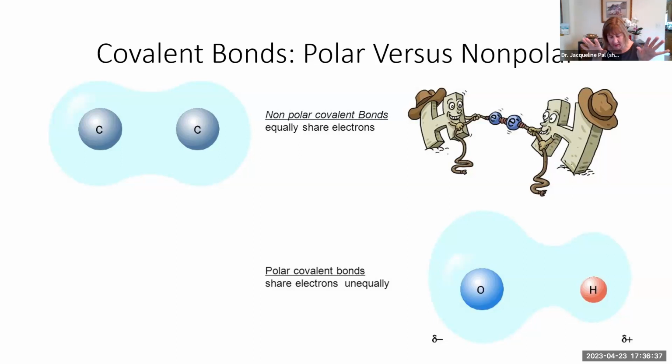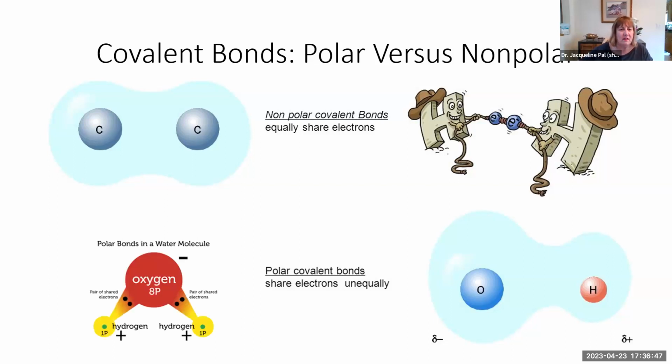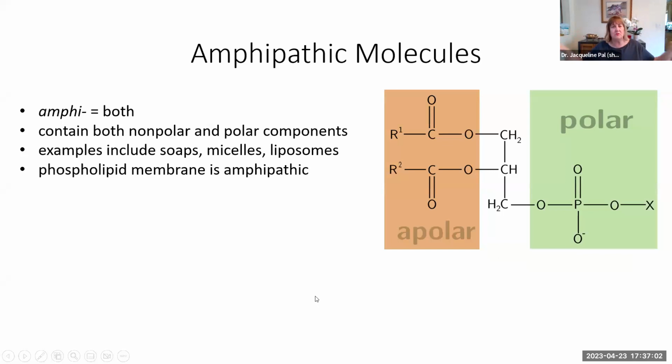I know you can't be a little bit pregnant, you're either pregnant or you're not, but think of it this way: we have a little bit of positivity versus a little bit of negativity going on. And so when we look at water molecules, we're going to have another oxygen, it's also going to have a polar covalent bond. And this is why the hydrogens are often angled, they are not completely on the 2 sides.